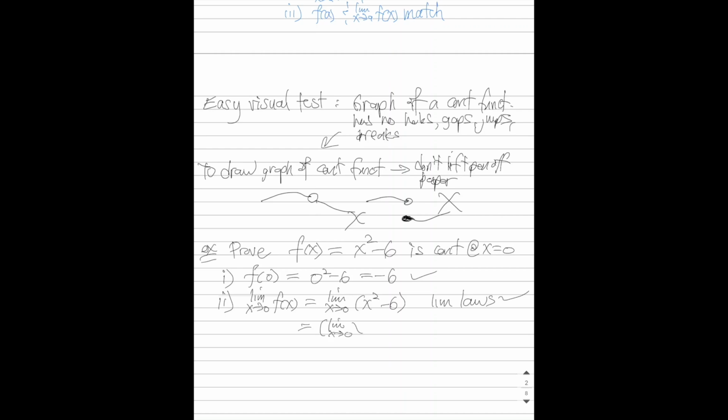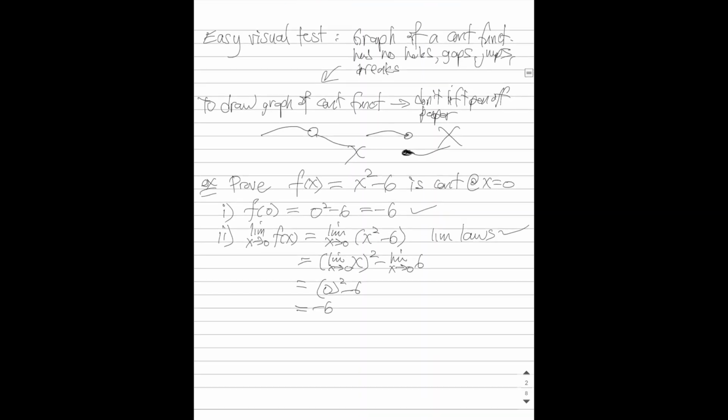I don't need to worry about one-sided limits in this particular case, and I will end up with a limit. So the limit exists. And moreover, the value of the function equals the value of the limit. All three of these things together tell me that the function is continuous at x equals 0. And so this is how we prove that a function is continuous at a point.